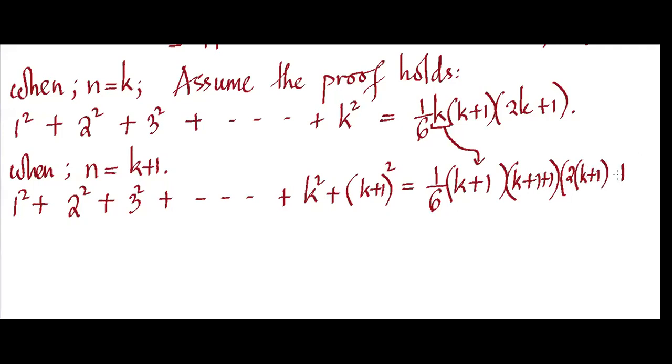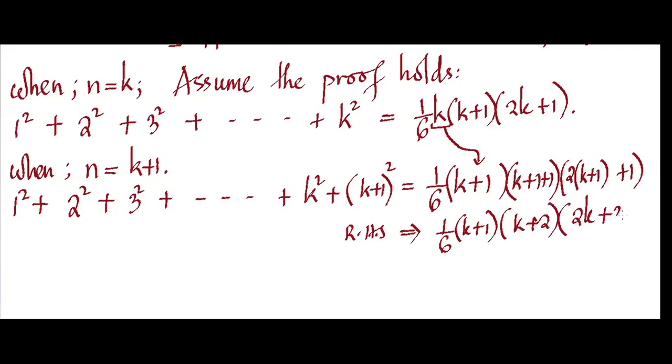So in other words, the right-hand side is equal to 1 over 6 into k plus 1 into k plus 2 into 2k plus 3. Do you agree? Yes. Okay.